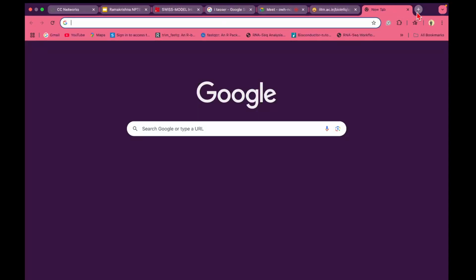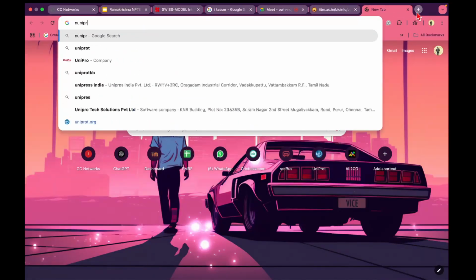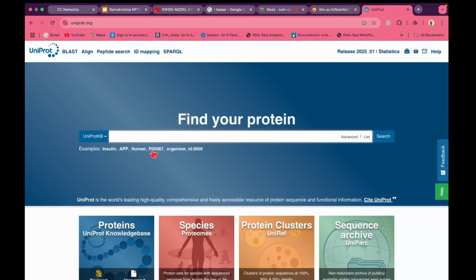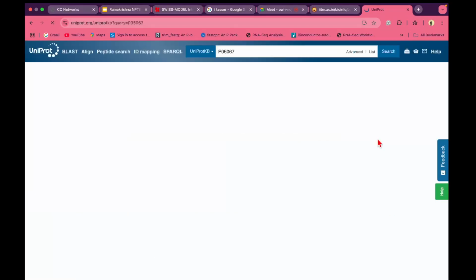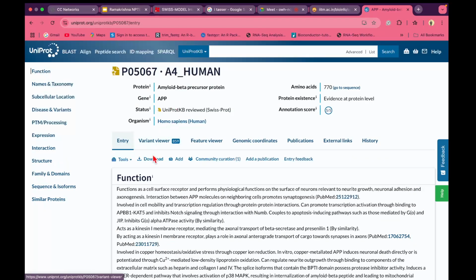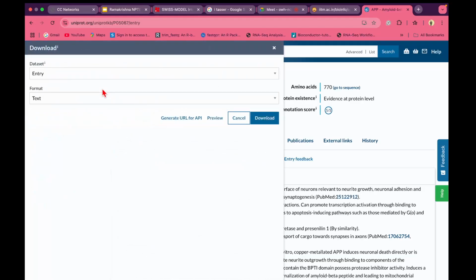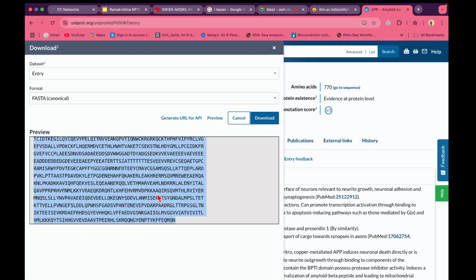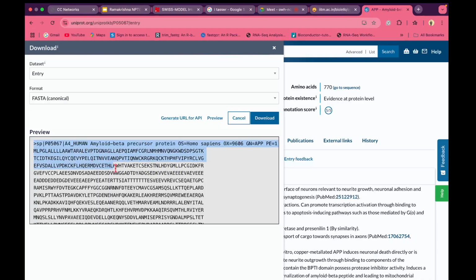So let me go to UniProt and take any sequence. Let me select a shorter fragment only.